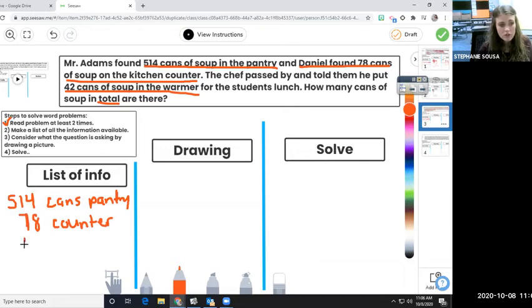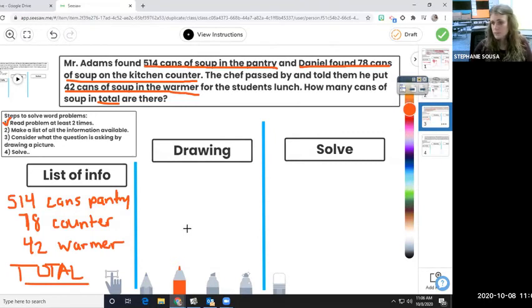And 42 cans are in the warmer. I was asked how many cans there are total. So go ahead and create your list of information that you know.